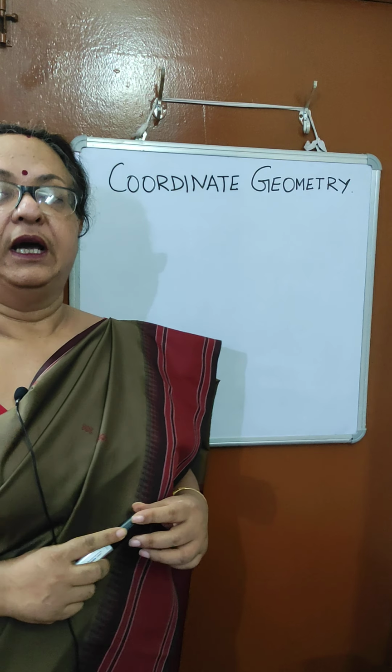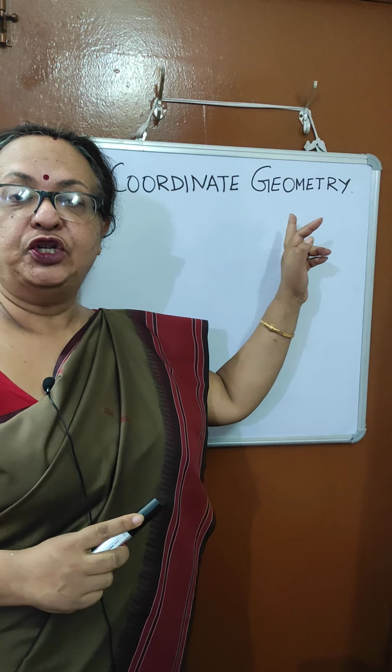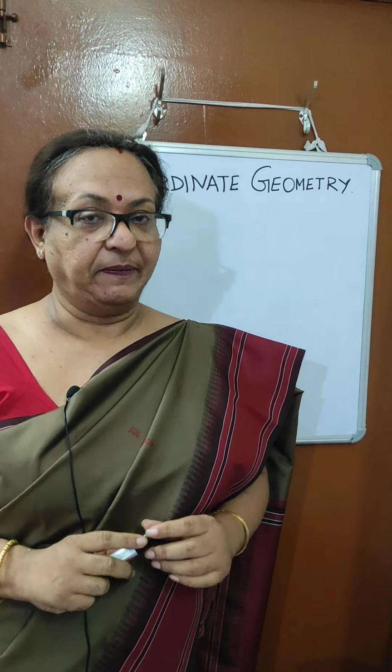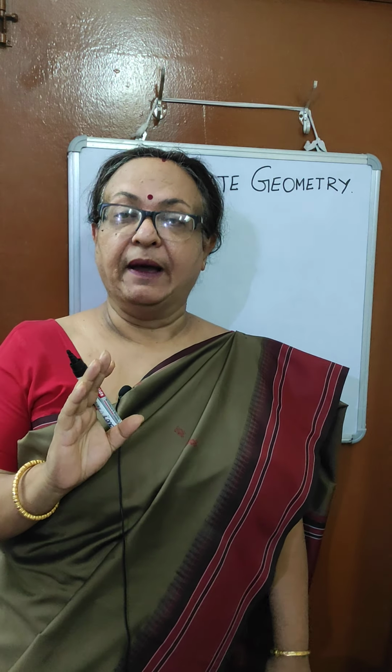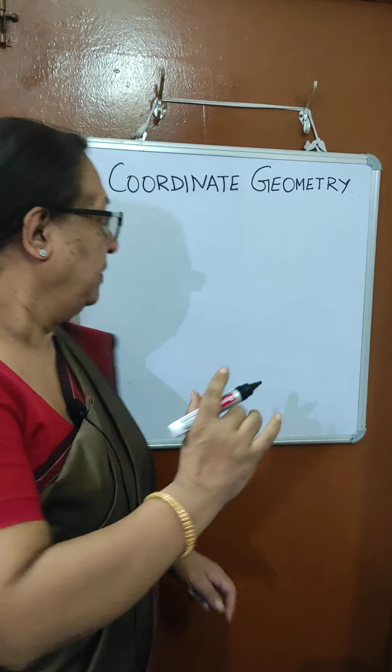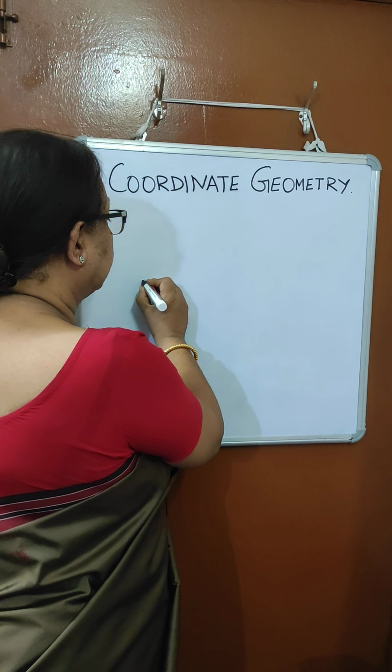Today we start a new chapter, coordinate geometry, a very interesting chapter. Now in this you have already learnt about the number line, isn't it? So you will easily recognize this.